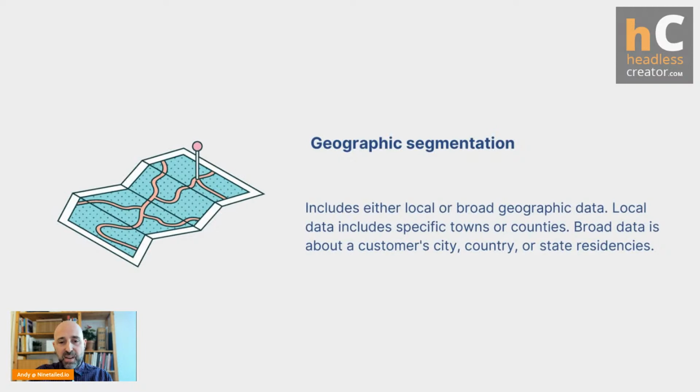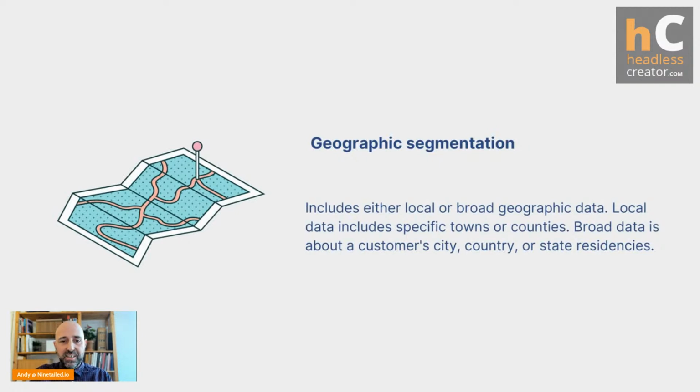Another type of segmentation, also a very classical one, is geographic segmentation. As the name says, it includes geographic data, which could be, for example, a city, a town, a specific country, a specific continent. And all this gives a lot of capabilities, not only for personalization.